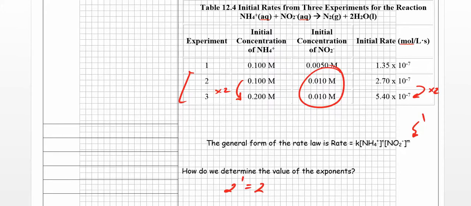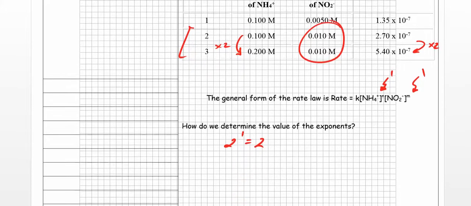That means, just like for the NO2 minus, that the n must have been 1 as well, right? So we've now determined the exponents for both the NH4 plus and the NO2 minus. They are simply 1 and 1 respectively, all right? All right, now let's move on.